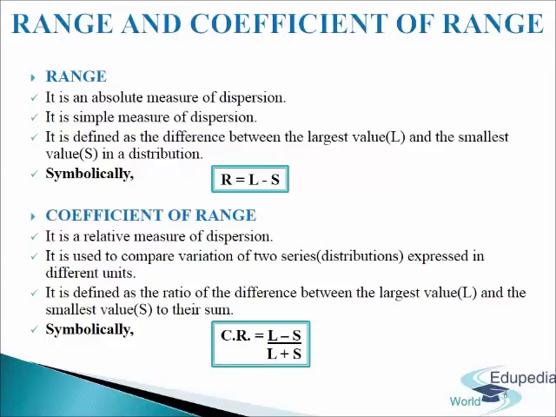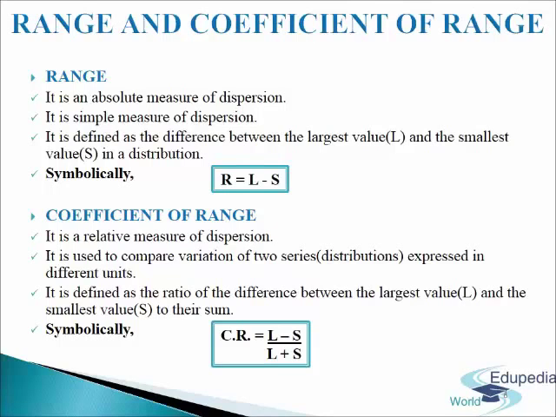It is a relative measure of dispersion. It is used to compare variations of two series or distributions expressed in different units. It is defined as the ratio of the difference between the largest value and the smallest value to their sum.